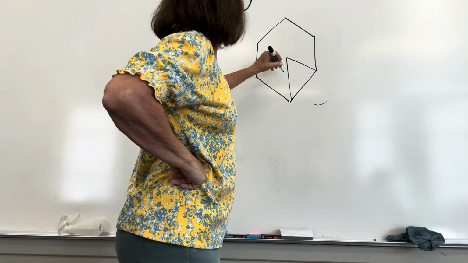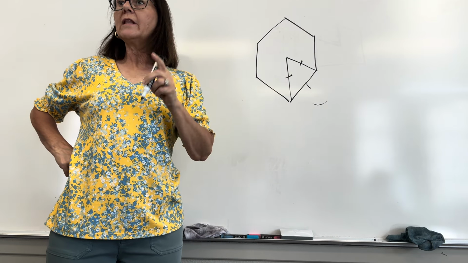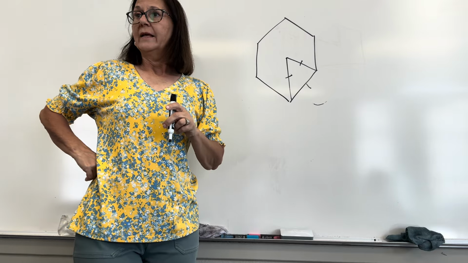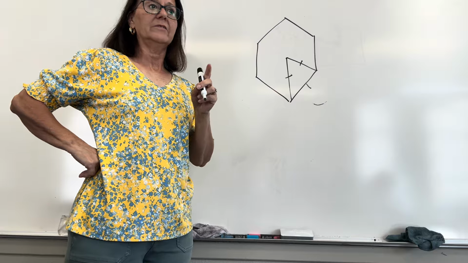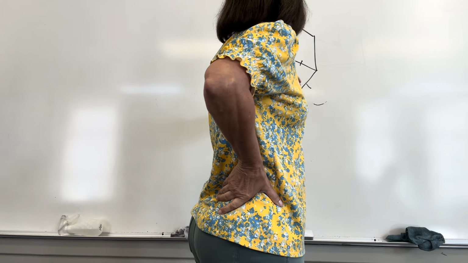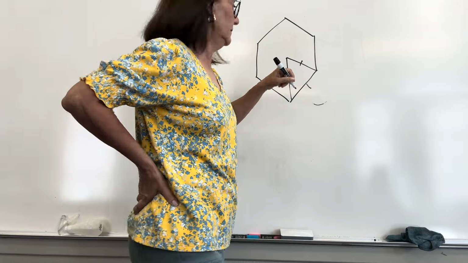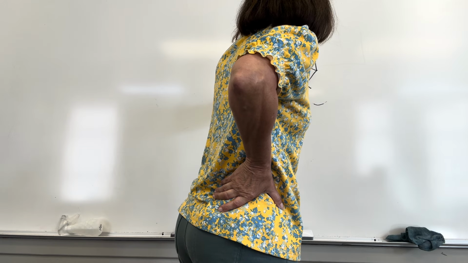The radii make equilateral triangles. That's only true in a hexagon, such that all the radii equal the length of the sides, and all of the angles are 60 degrees.